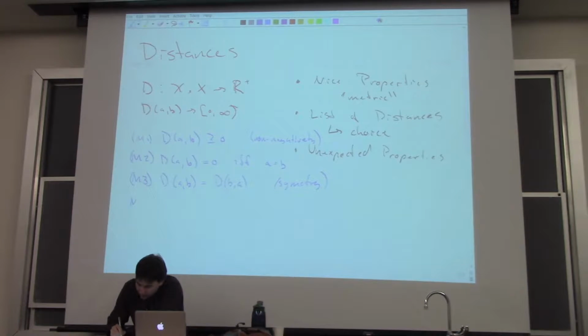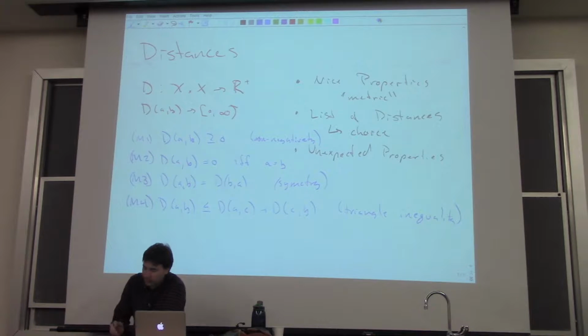And then the fourth one is that d(A,B) is less than or equal to d(A,C) plus d(C,B). This is the triangle inequality.